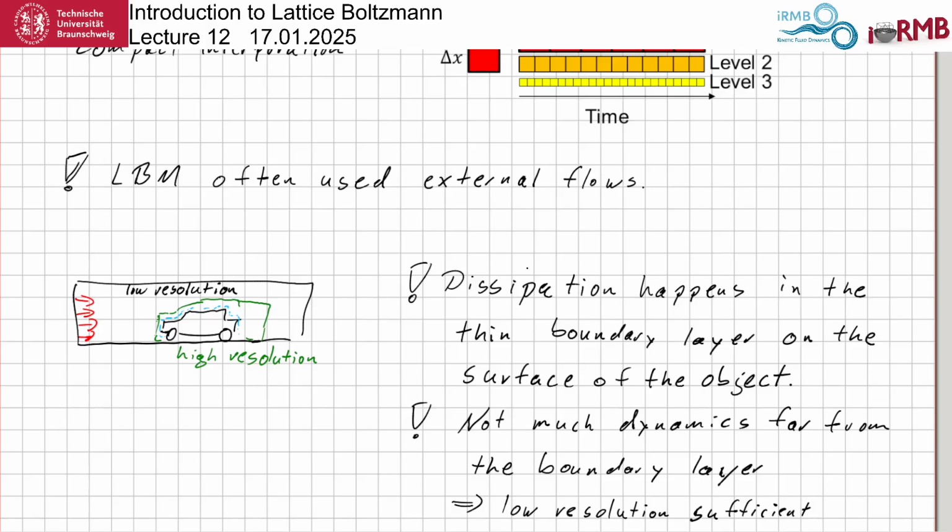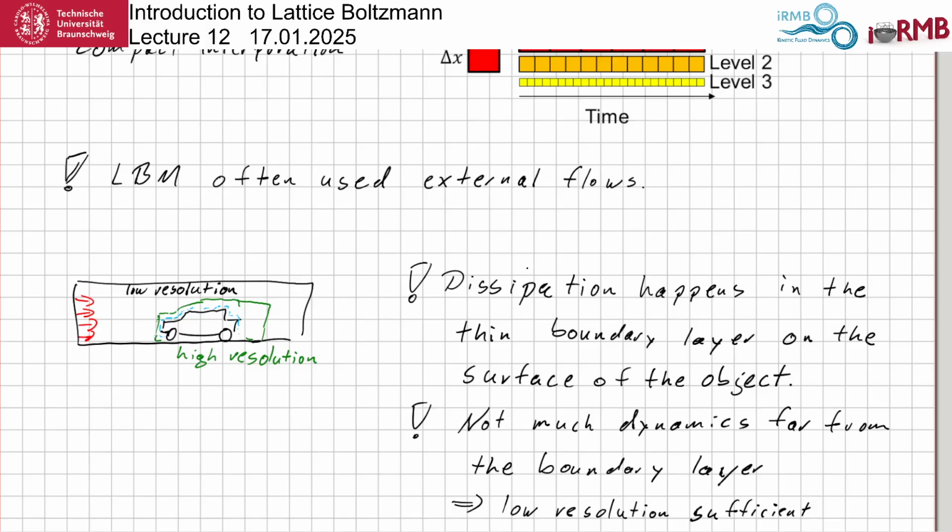We'll have high resolution close to the car and potentially in the wake of the car or whatever other objects, and we would have a low resolution far enough away from the thing. Because, I mean, it's always mathematically possible and reasonable to say we'll resolve everything with the same resolution that we have for the boundary layer, and then we are fine. But just imagine how many cells and nodes you need for this.